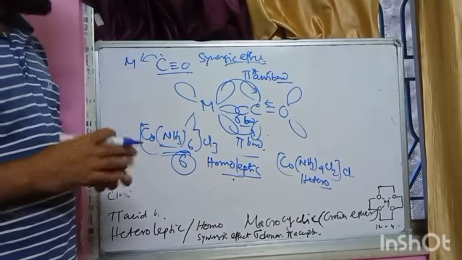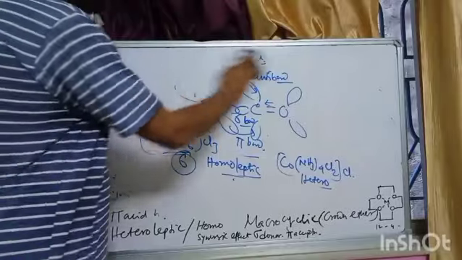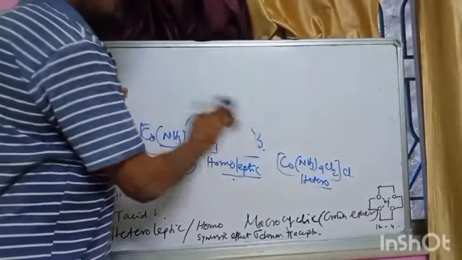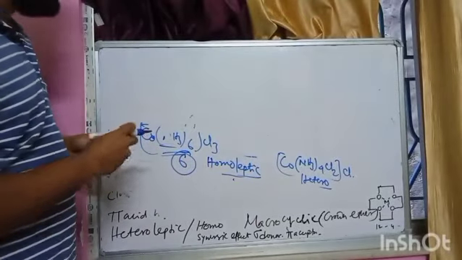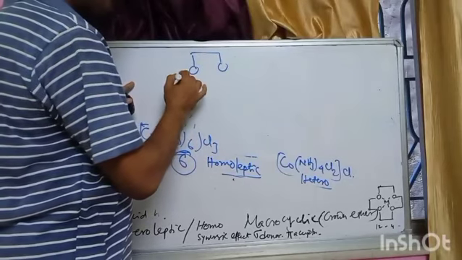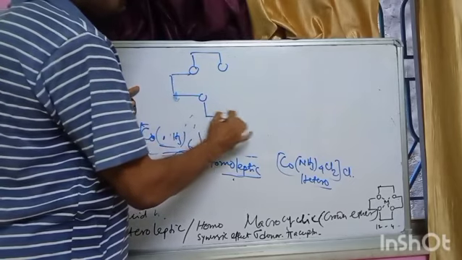There is another type of ligand that is called a macrocyclic ligand. Examples of macrocyclic ligands are crown ethers.